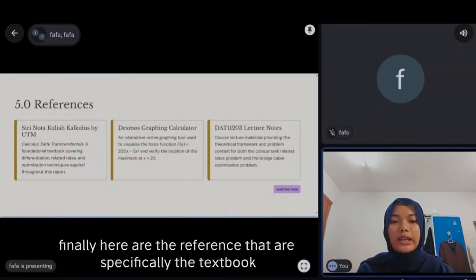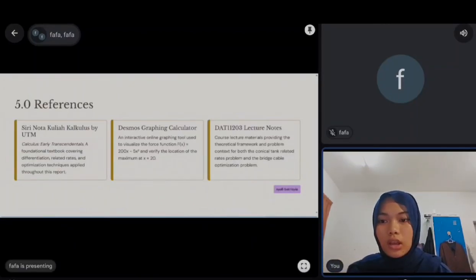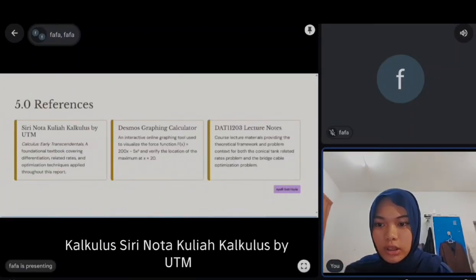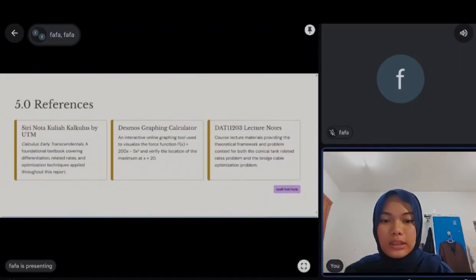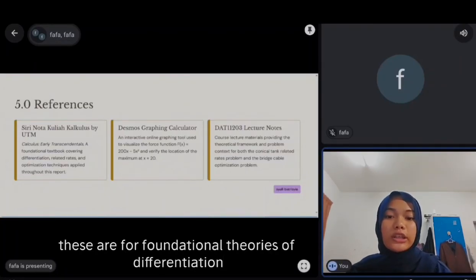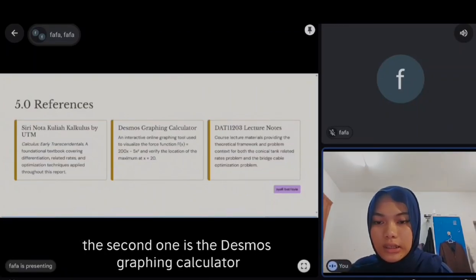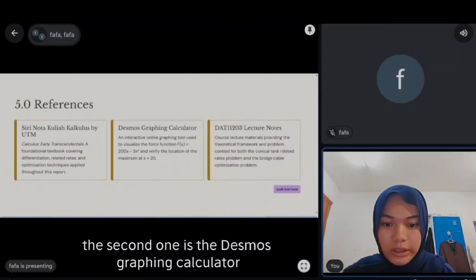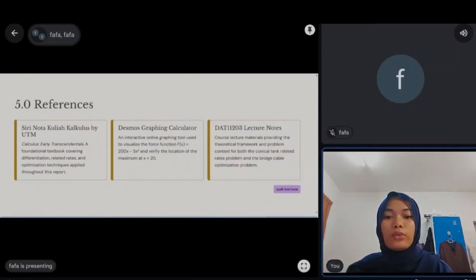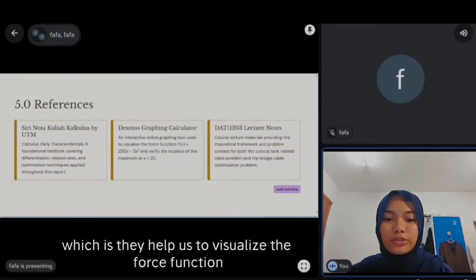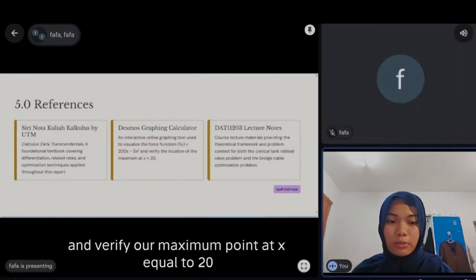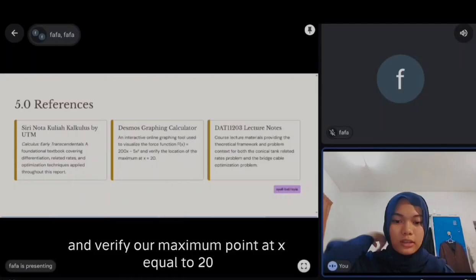Finally, here are the references, specifically the textbook, Siri Nota Kuliah Calculus by UTM, for foundational theories of differentiation and optimization. The second one is the Desmos graphing calculator, which helped us to visualize the force function and verify our maximum point at x equals 20.